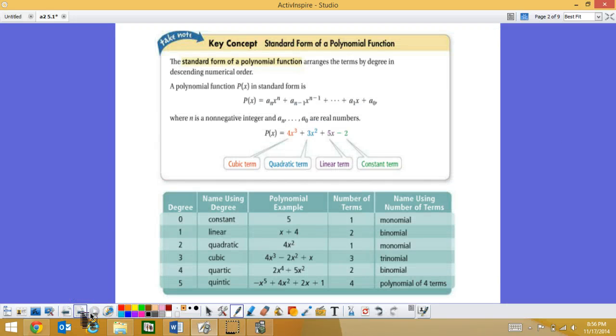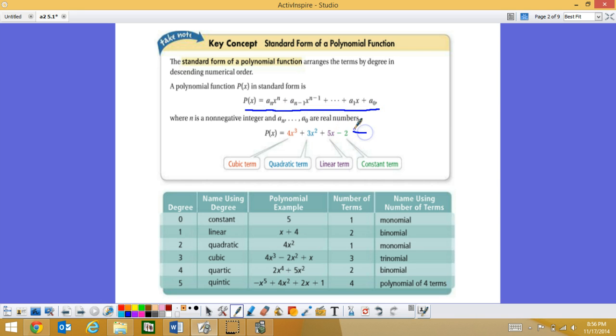Now, the first set of examples is just a little bit of an introduction into polynomials. And polynomials and polynomial functions look like this.